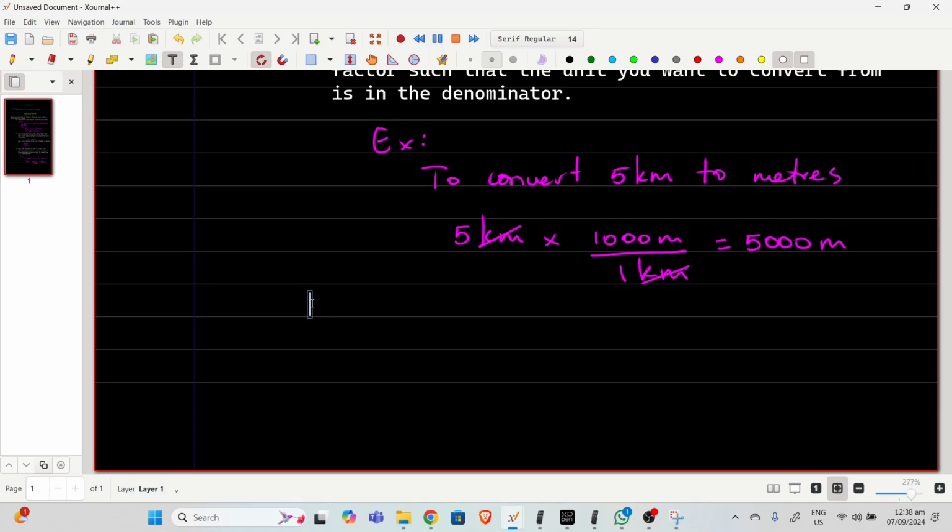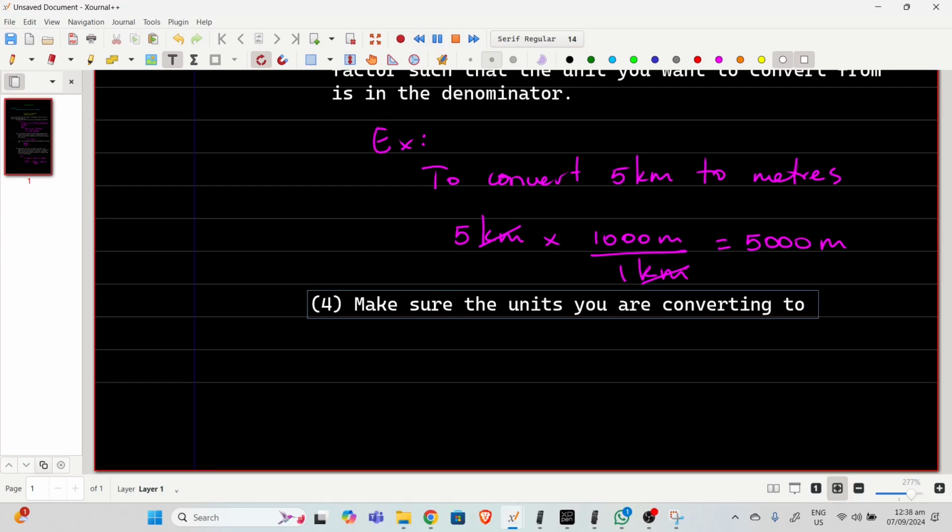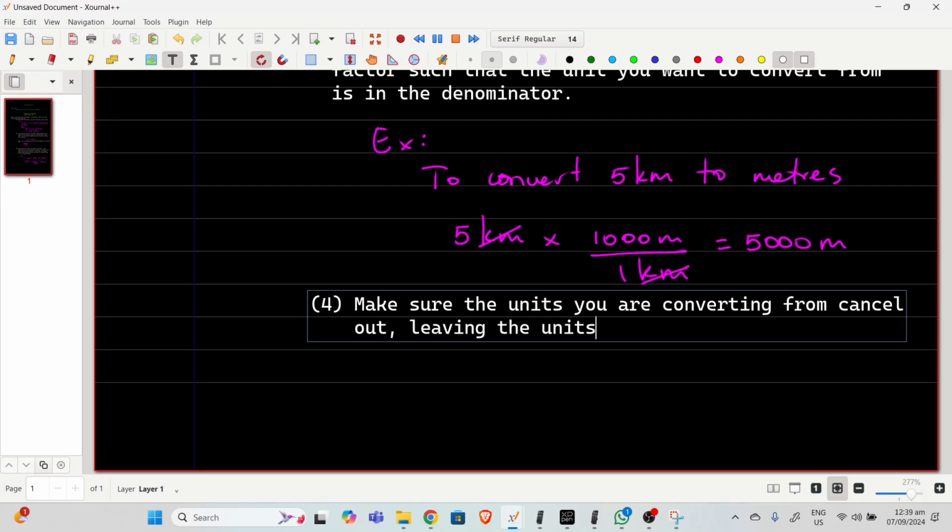Step 4, and that is to make sure the units you are converting from cancel out, leaving the units you are converting to.